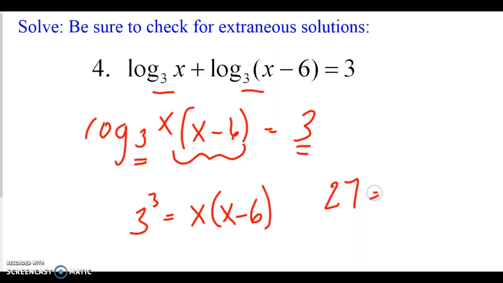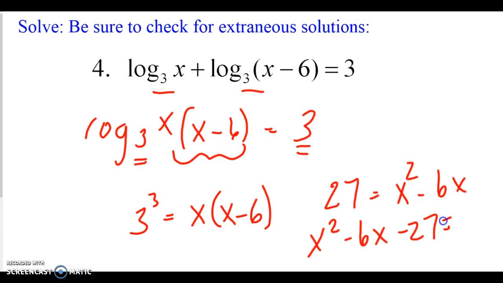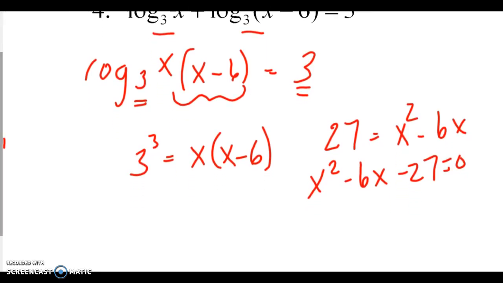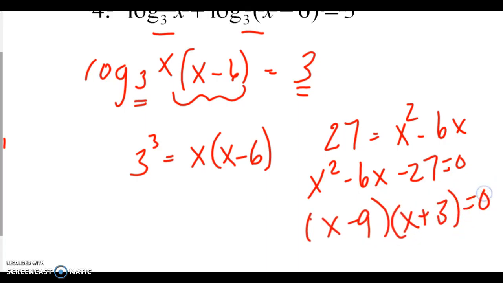In the first video, when I did this problem, I made that a 9, so be careful: x squared minus 6x. Now I'm going to get x squared minus 6x minus 27 set equal to 0. Okay, and at this point, I'm going to factor, so I'm going to get x minus 9 times x plus 3 equals 0. So I'm going to get x equals 9 and negative 3.